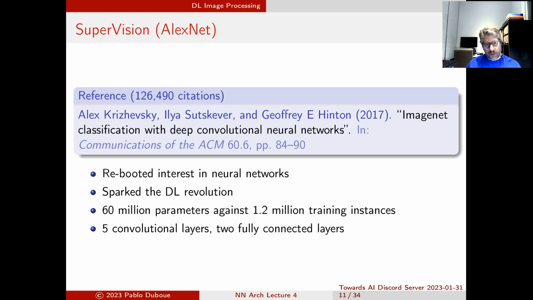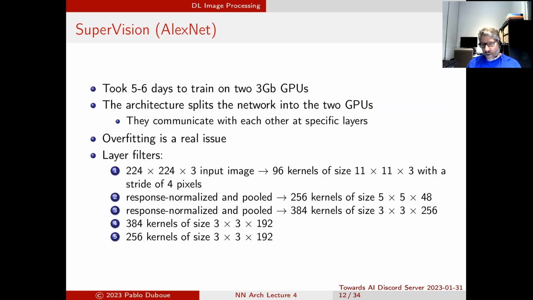So how do they manage to achieve this? Something that is very interesting about this paper is that they call their system SuperVision, which is not necessarily a very memorable name. So in general, people refer to this system as AlexNet because of the first name of the author, but that name doesn't appear in the paper itself.